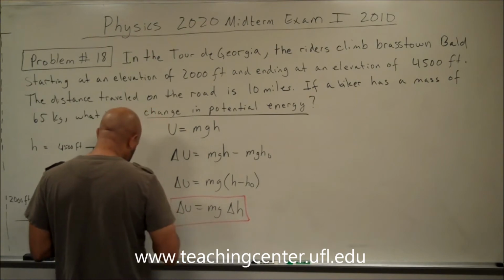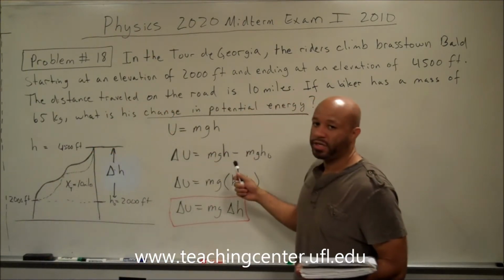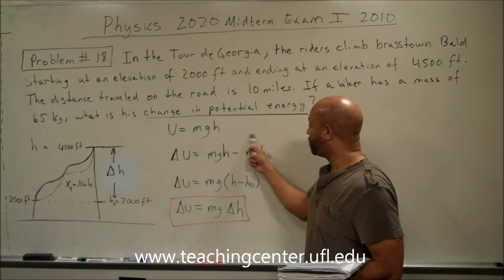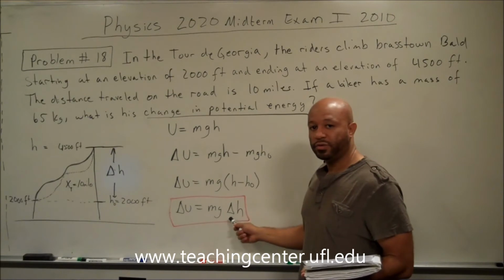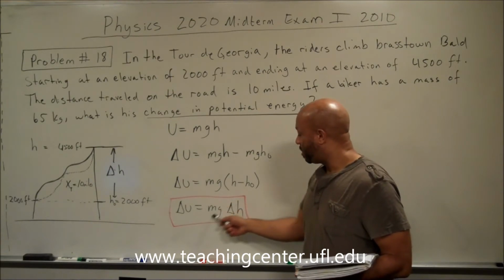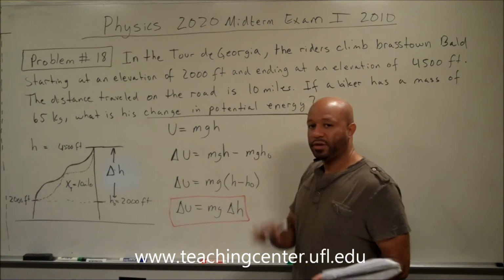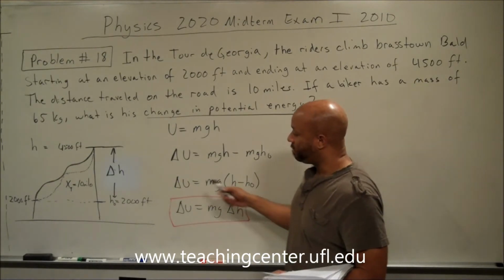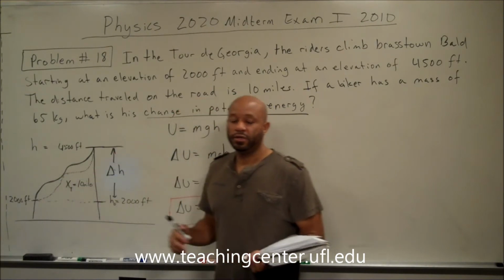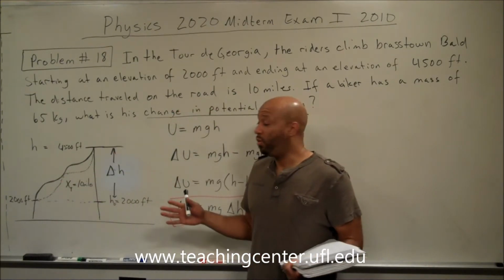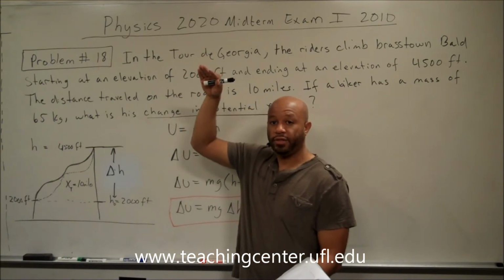The reason the change in potential energy is just defined as the difference in elevation times the mass and gravity is because, like I said earlier, it's a state function. So the fact that they gave us information about you traveling 10 miles is irrelevant. The only thing of any significance is the difference in height that you travel.